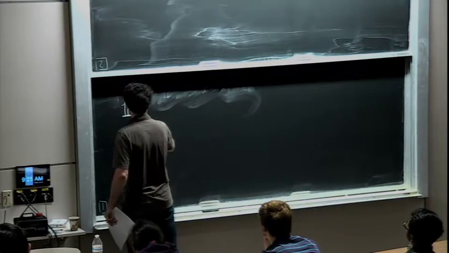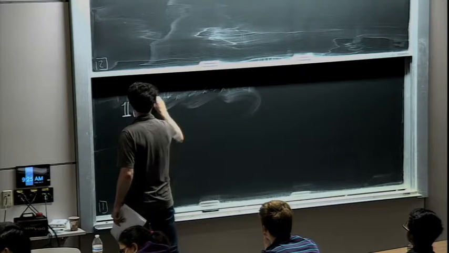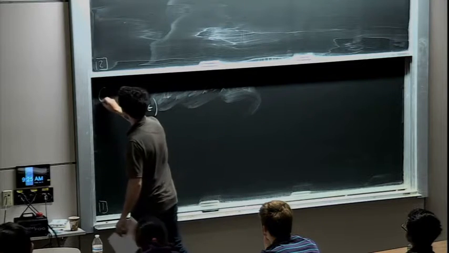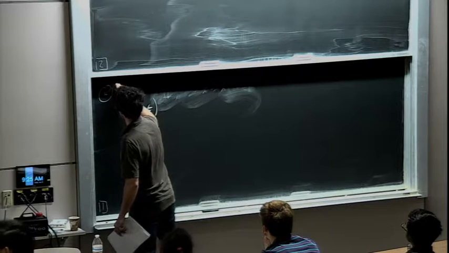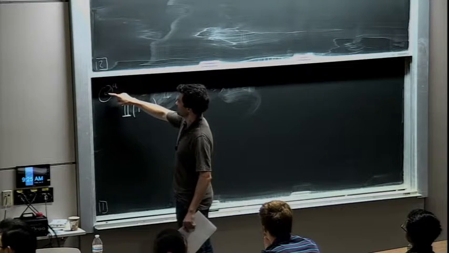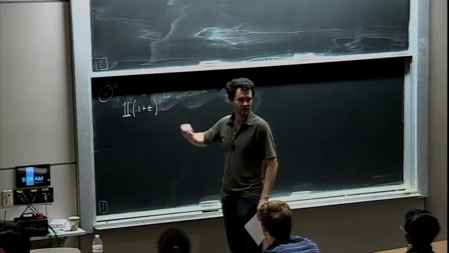Okay. So I have the identity times 1 plus epsilon. If I consider what this does to an infinitesimal sphere, a little sphere of radius a, then this sphere is basically going to be uniformly stretched in all three directions.